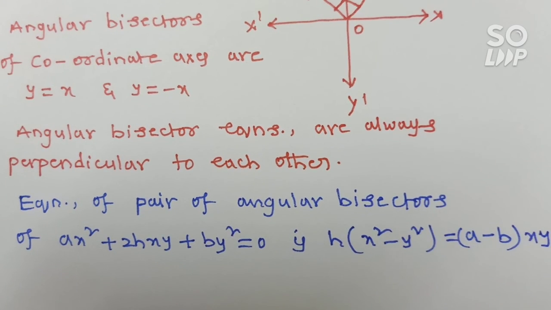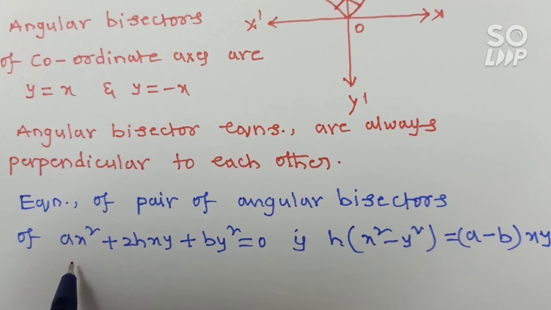So this one is the required pair of angular bisectors equation.